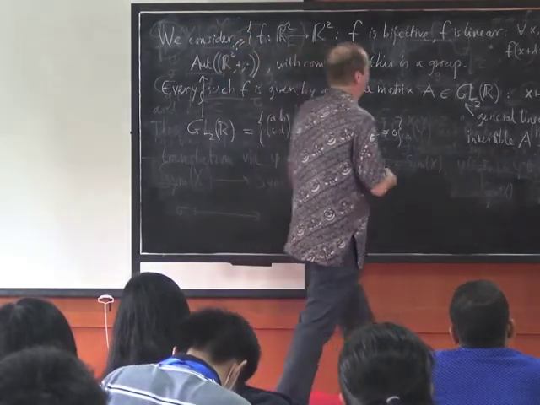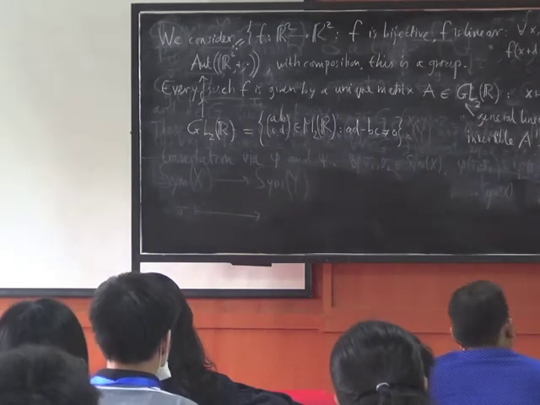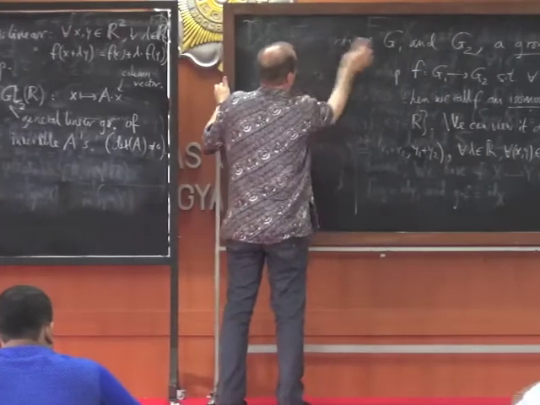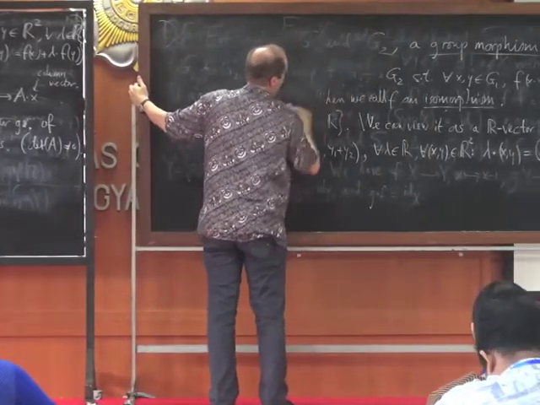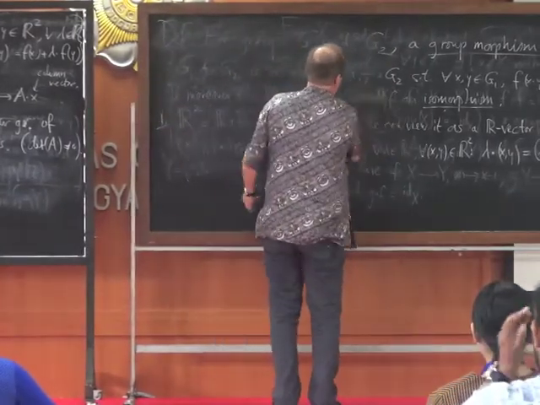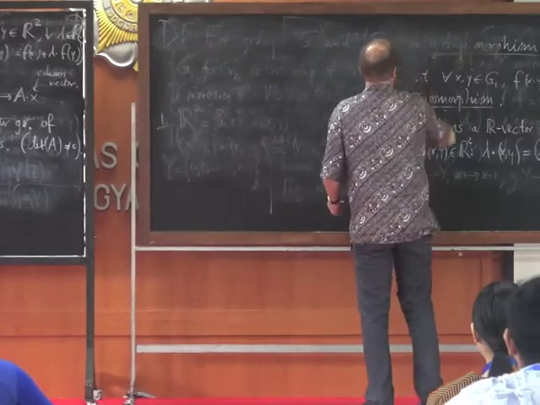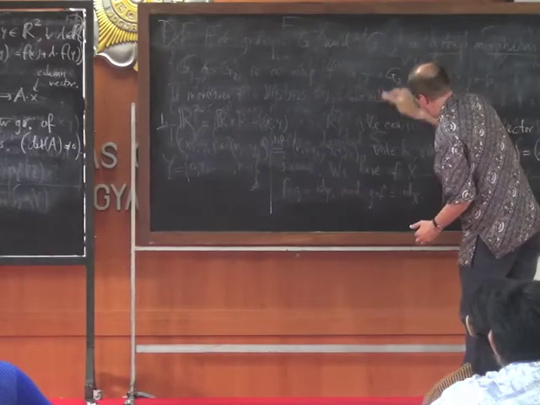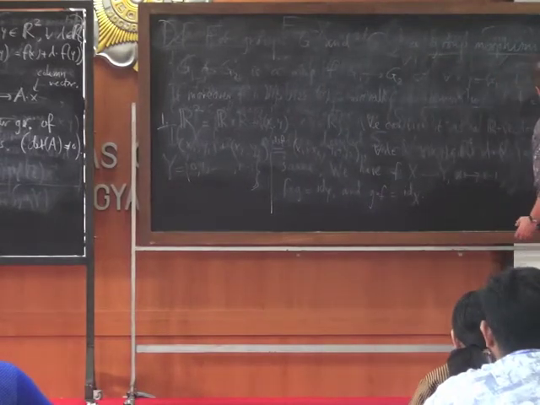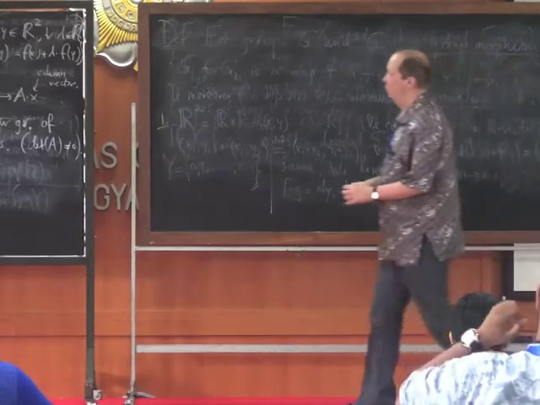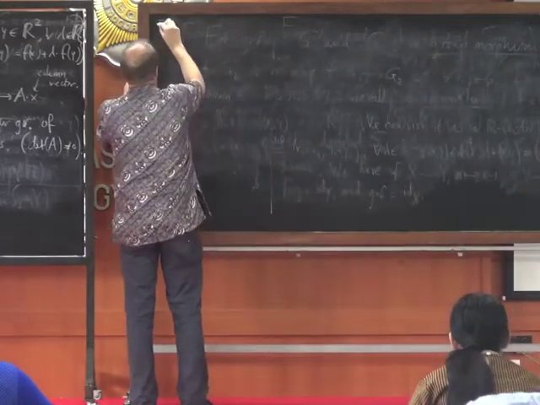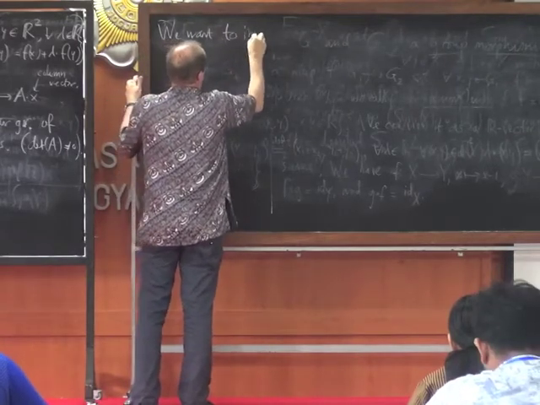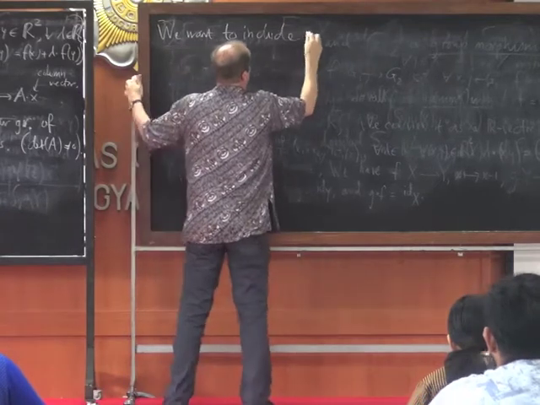So we also want the translations. And that is my next example of a group. So going out of the linear algebra, it's geometry. So we want to include the translations.